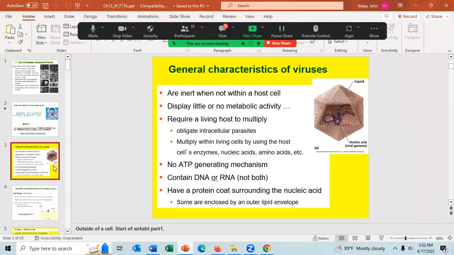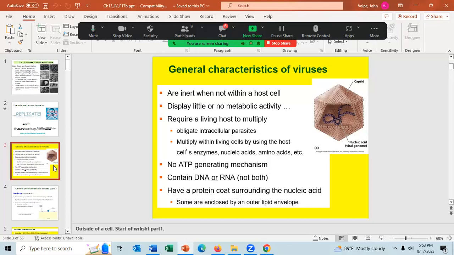So, some general characteristics of viruses. Viruses are inert when they're not within their host cell. In fact, they display little or no metabolic activity outside of their host cell. They only have metabolism when they are inside their host cell. The host cell is a cell that they can infect and then replicate in.